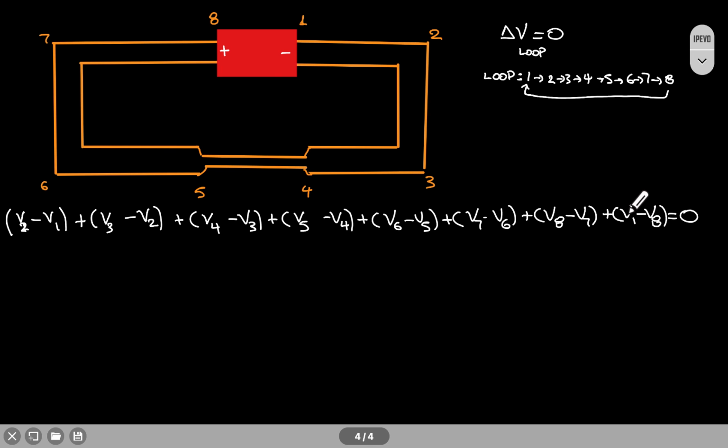And V1 minus V8 essentially tells you the potential difference across your battery. So this is one way that you can use Kirchhoff's loop rule.